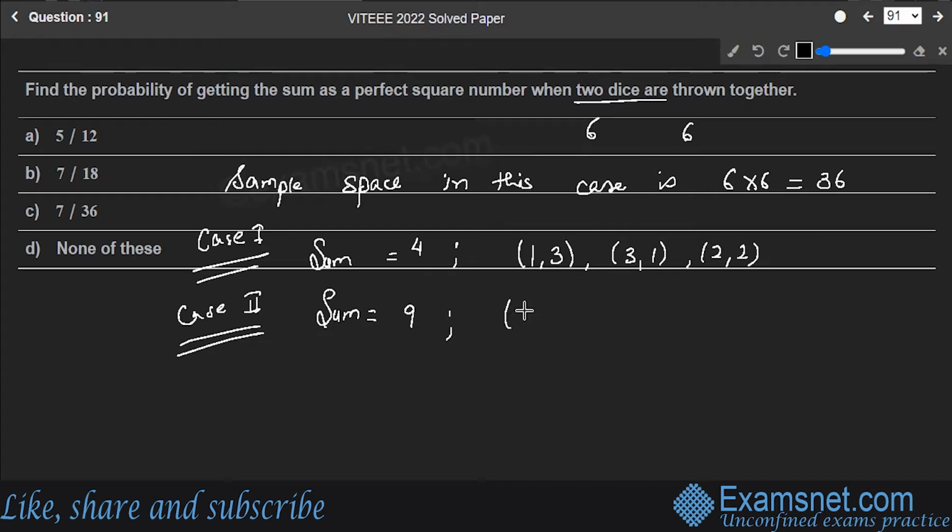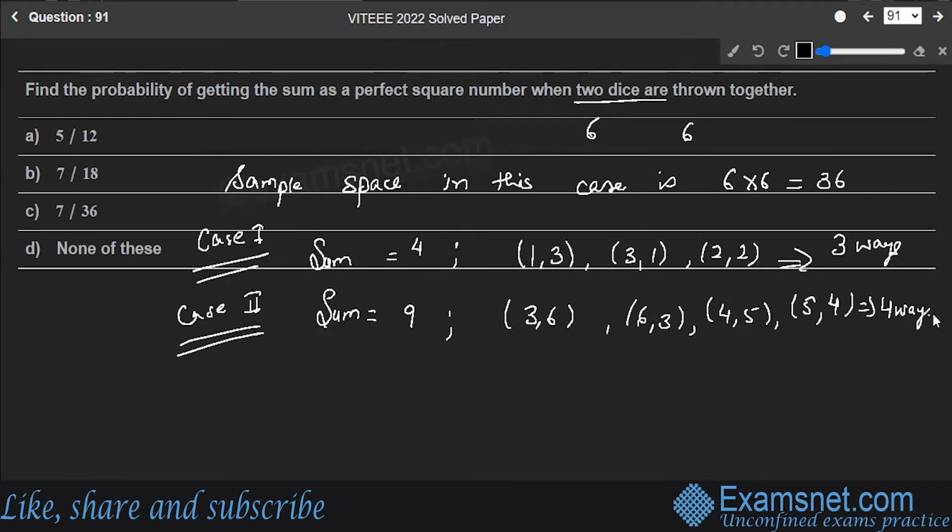So 9 can be achieved in 3, 6 or 6, 3 or 4, 5 or 5, 4, which is 4 ways. So total favorable cases is 7, right?